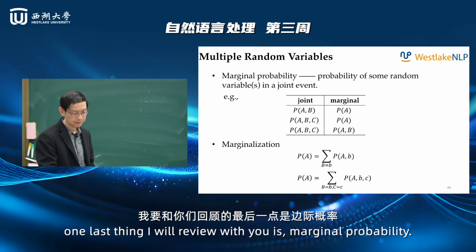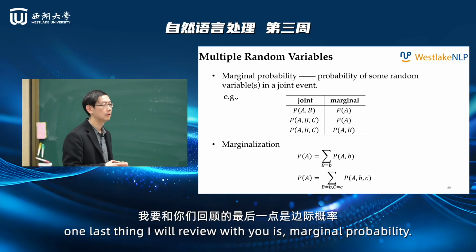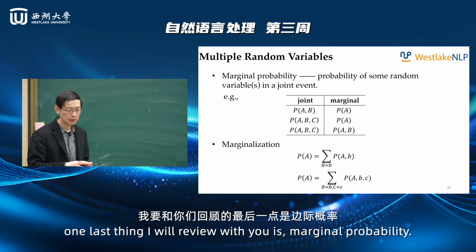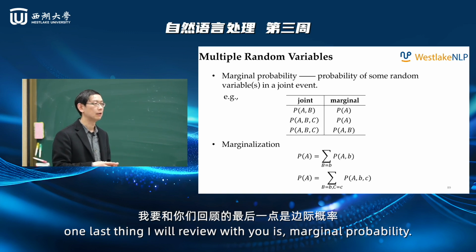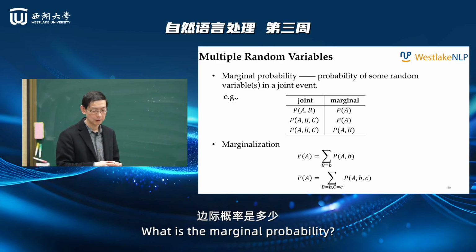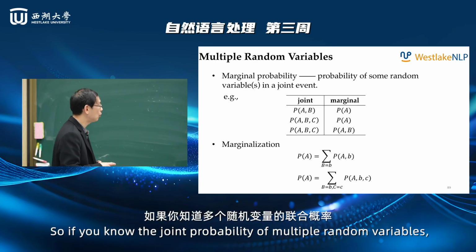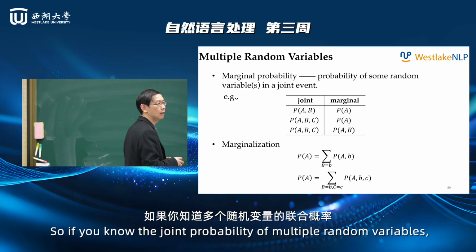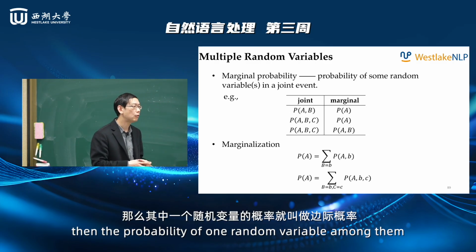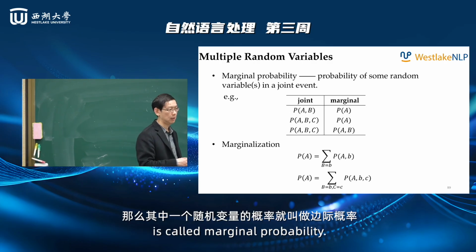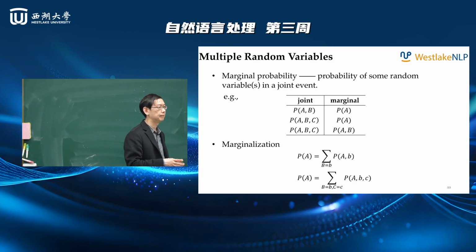One last thing I will review with you is marginal probability. What is a marginal probability? If you know the joint probability of multiple random variables, then the probability of one random variable among them is called a marginal probability.